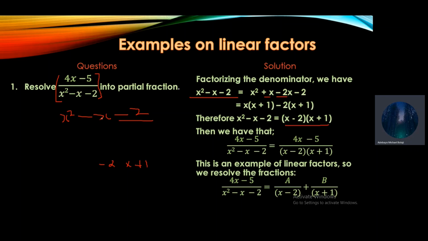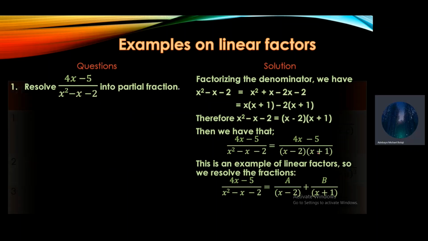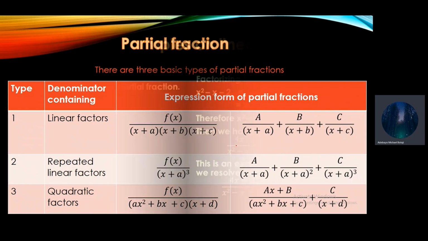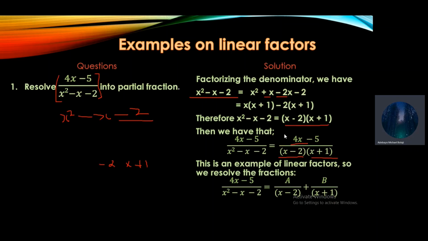So representing our fraction, instead of 4x minus 5 over x squared minus x minus 2, it gives us 4x minus 5 over x minus 2 and x plus 1. If we compare to our table, we see that it resembles the linear factors. So if we are resolving it, we resolve it to give something like this. Is that okay? So this first question is under linear factors.